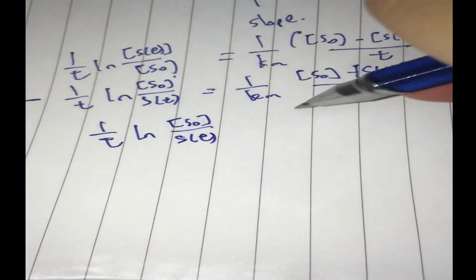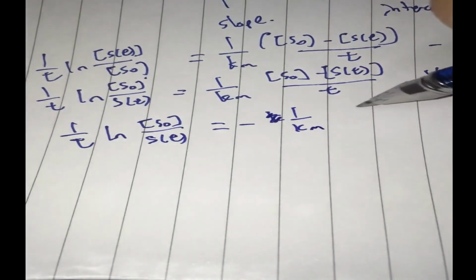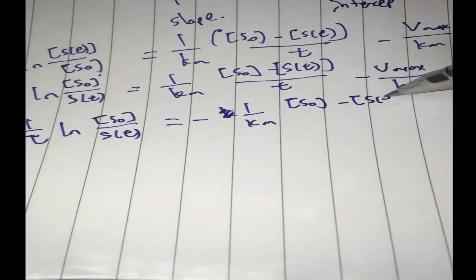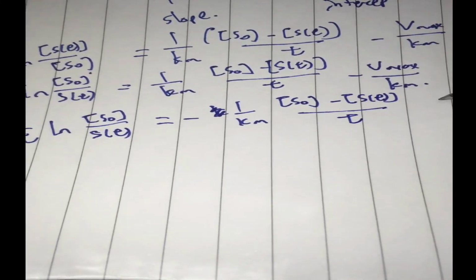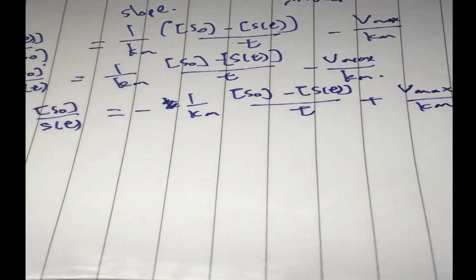So 1 by t ln S naught over St equals minus 1 by Km, S naught minus bracket St over t, plus Vmax over Km.